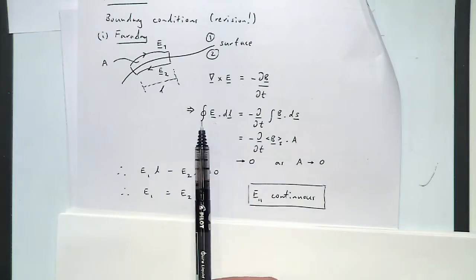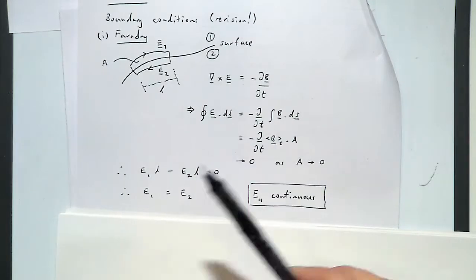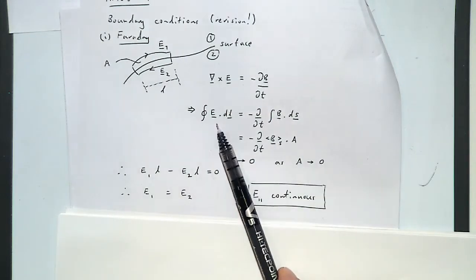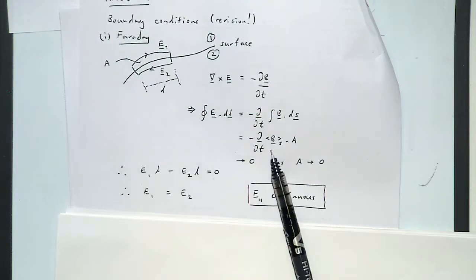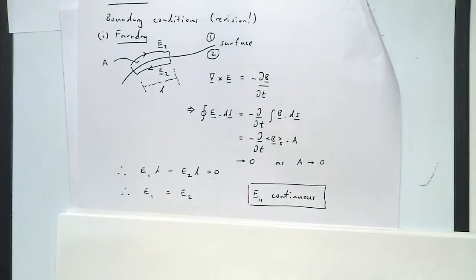So we have the integral form of that, which relates the electric field around the line to the integral of the magnetic field across the surface, at least its time variation.